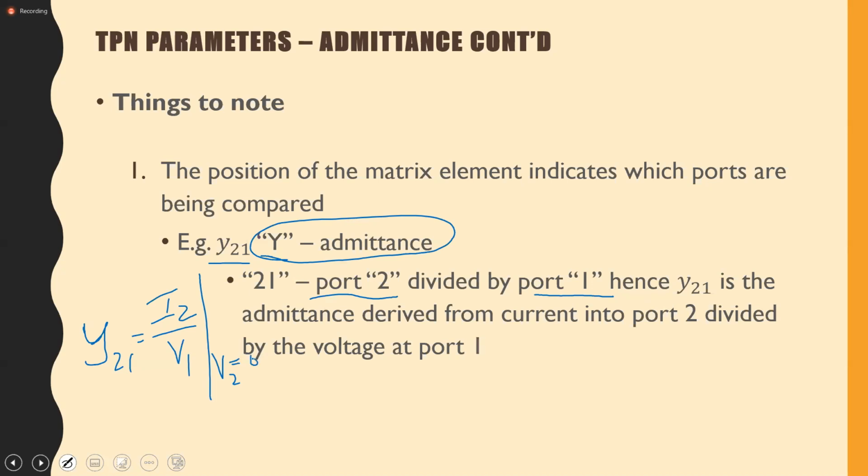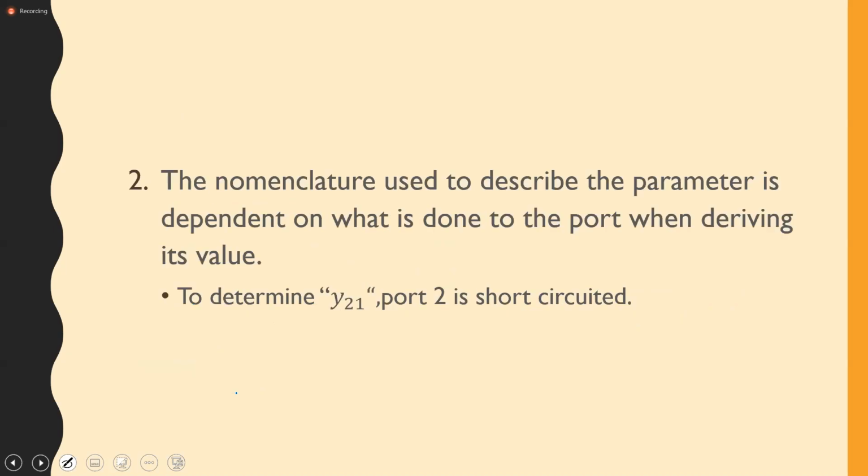So Y21 is equal to I2 over V1, but that is true only if V2 is 0. So I can go further in defining this parameter by saying that Y21 is derived when port 2 is short-circuited.